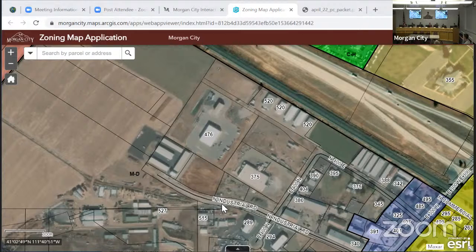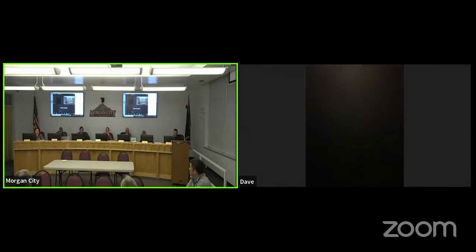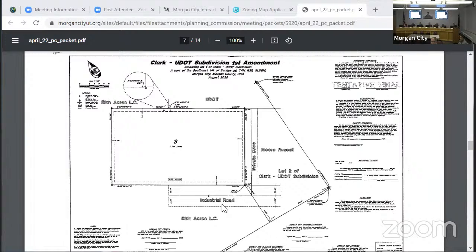Okay, so go back, if you would, Teresa, to the drawing of the plat, or the proposed plat. There we go. So we'd be looking at no changes on the private drive, but that Industrial Road to extend the length of the development, based on what Jake just shared.